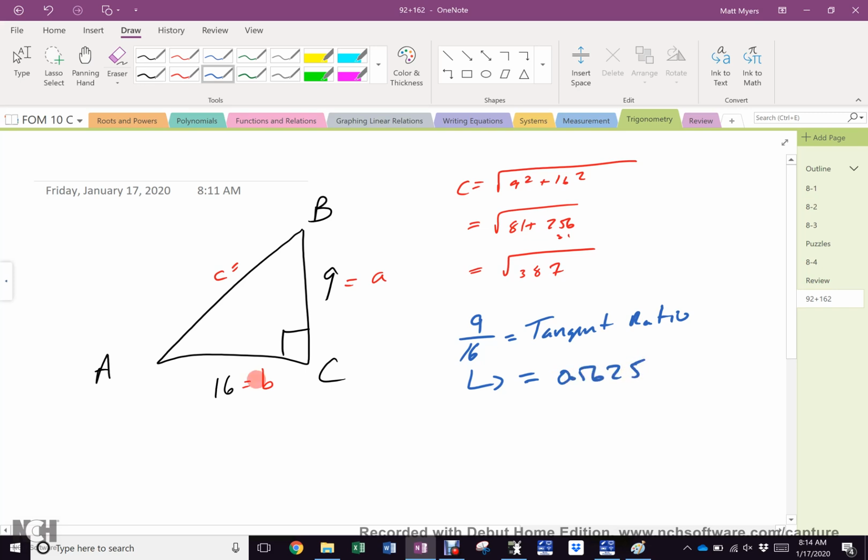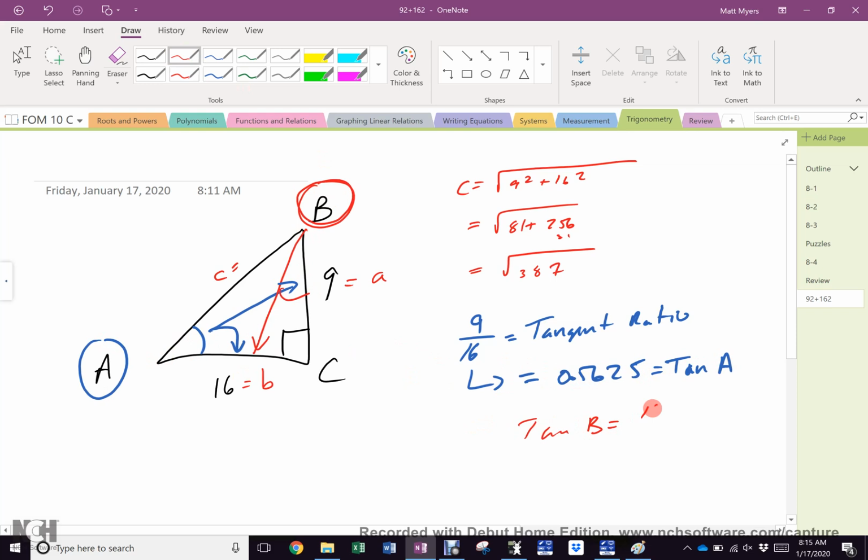Now, that ratio exists when I compare the opposite to the adjacent side of that angle. So that equals the tan of A. If I move up to B, then the tan of B is 16/9.